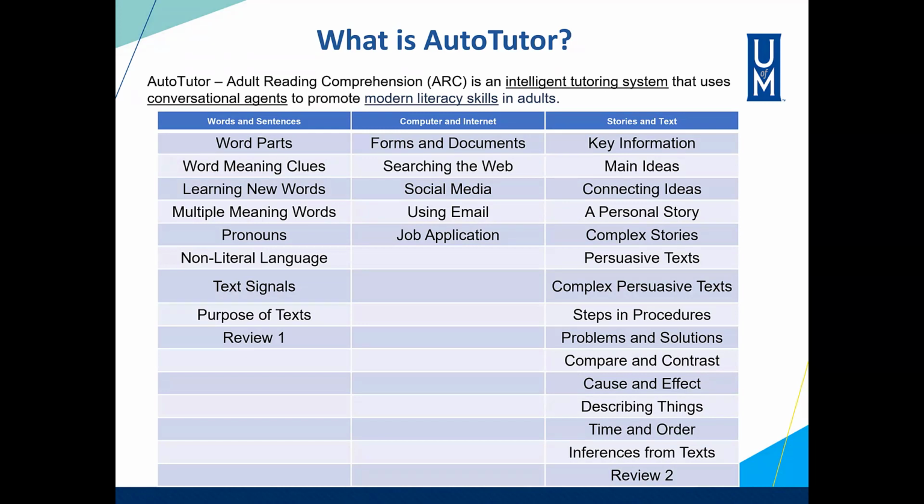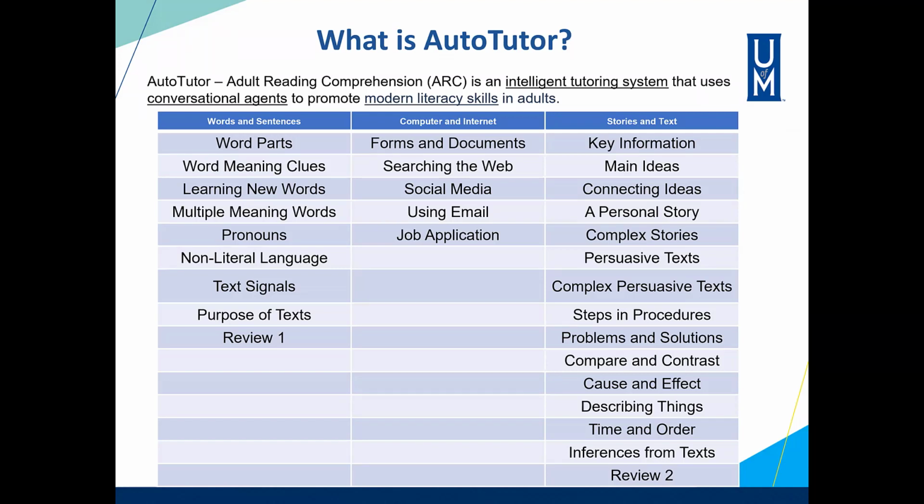We call it AutoTutor, and that's because it is an intelligent tutoring system that uses conversational agents to promote modern literacy skills. And I'll show you a little bit about what we mean by that in just the next couple of slides, very briefly. As you can see here, there are about 30 lessons, which cover a full gamut of comprehension at the word and sentence level.